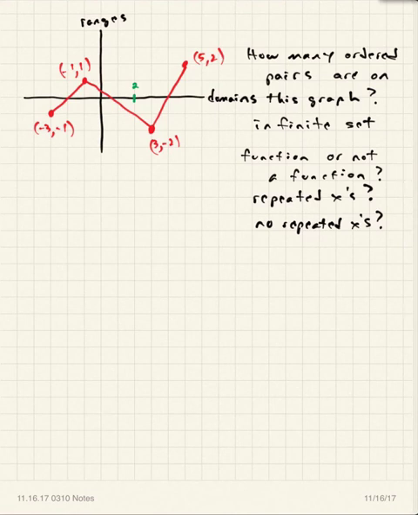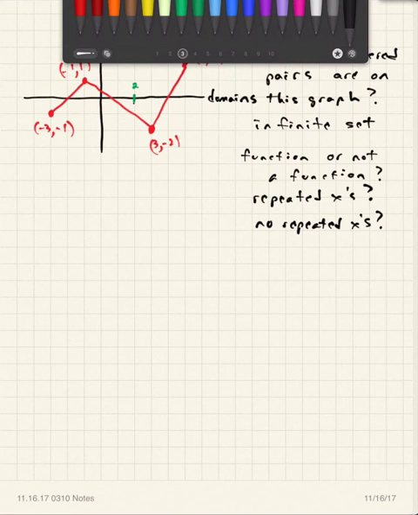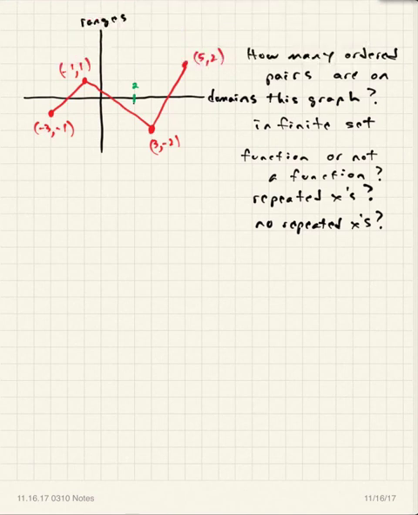And so then what does the rule that's expressed by this graph assign 2 to? Well, all you do is you take the x value 2 and you go down to the graph. I'm going to put this in green right here. It goes down to the graph right there, and that point is how 2 gets assigned.